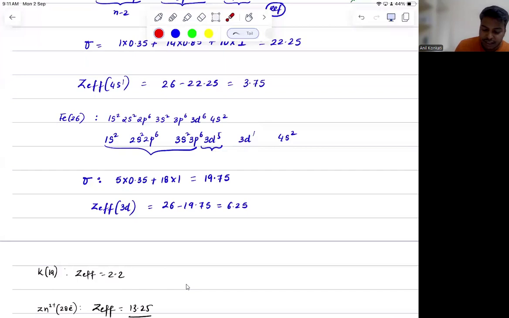Next, we will have 1s and 2s contributing almost 1 unit. And we expect 3s and 3p to contribute around 0.85. Sorry, we are expecting that to contribute around 0.35. One second. Okay, let's take here.